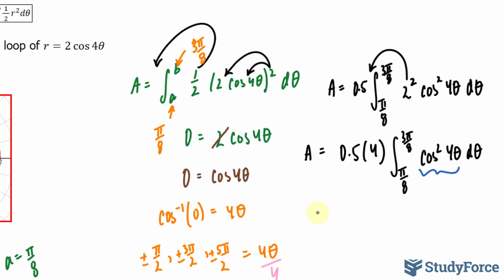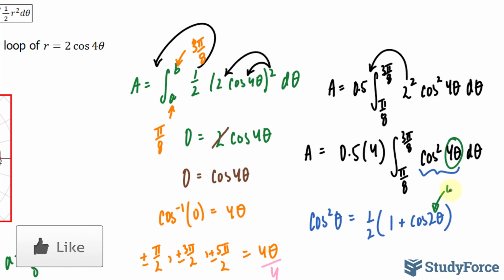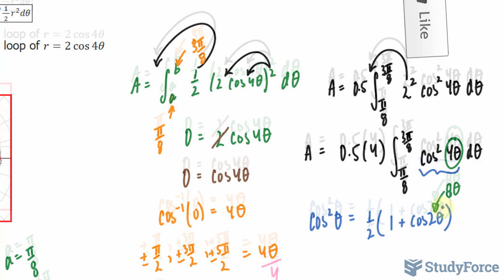There's a half-angle identity that looks like this, where you have cosine squared theta is equal to half bracket 1 plus cosine 2 theta. Here we have 4 theta. The only difference is that over here we have 4 theta, and here we have theta. So this part right here will be multiplied by 4, giving us 4 theta times 2 is 8.